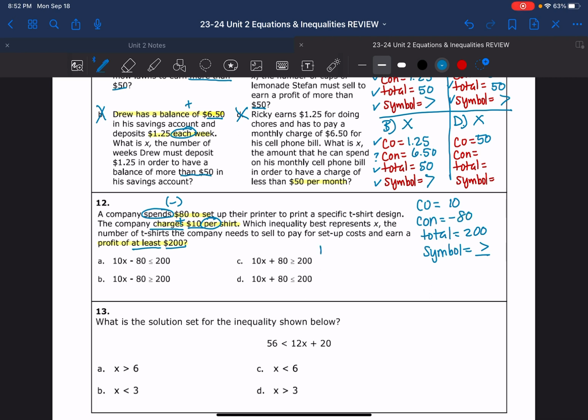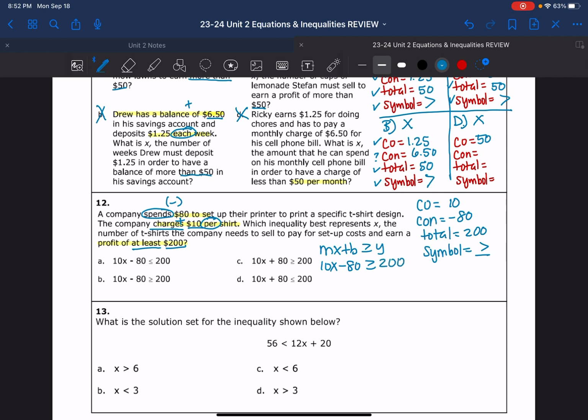All right, now let's set this up as mx plus b equals y. We have 10x minus 80 is, and I wrote equals to. It shouldn't be equals to, should it, guys? Let's fix that. This should actually be greater than or equal to y. And then over here, we're going to plug in y with 200.